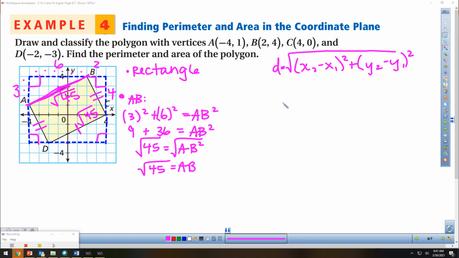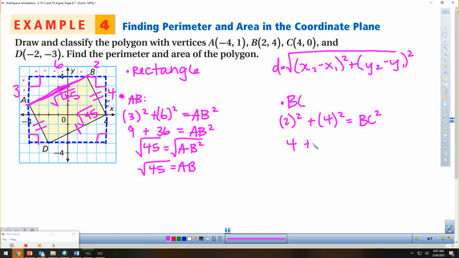So I'm going to find BC over here. So that is 2 squared plus 4 squared equals the length of BC squared. So 2 squared is 4. 4 squared is 16. That's equal to the length of BC squared.